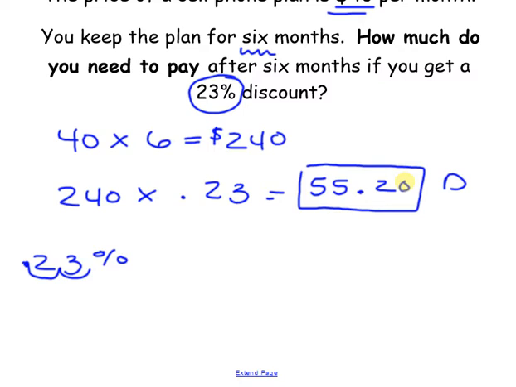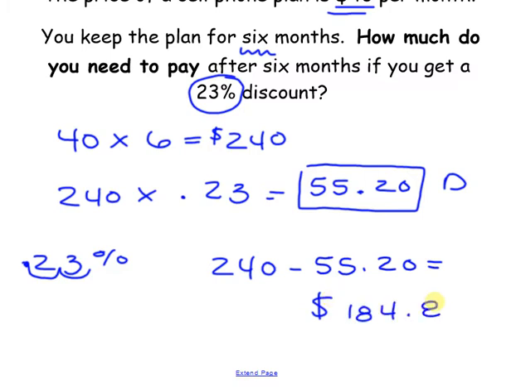Okay, now how much do I pay? All right, so I have $240. That's my original price minus my discount, $55.20. Go ahead and calculate that. And you should get $184.80.